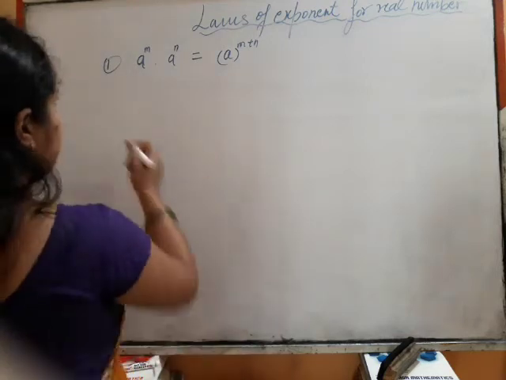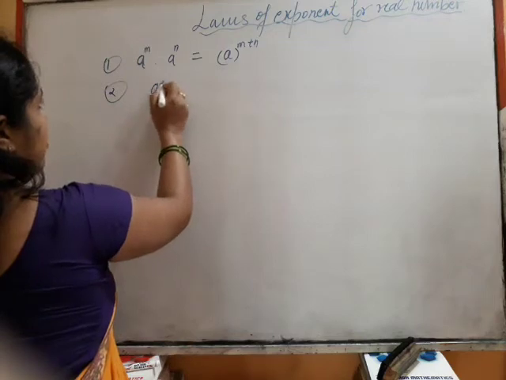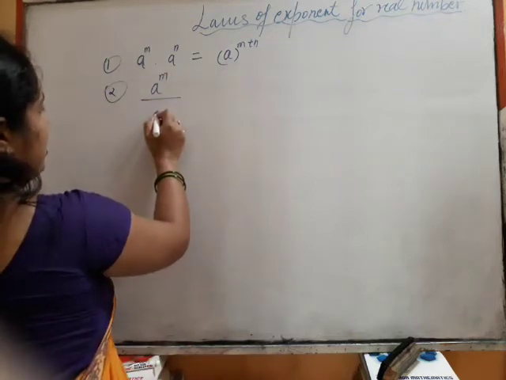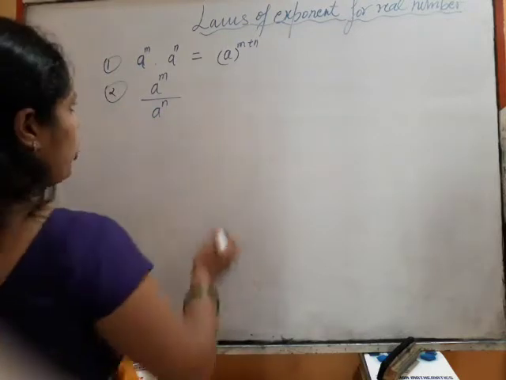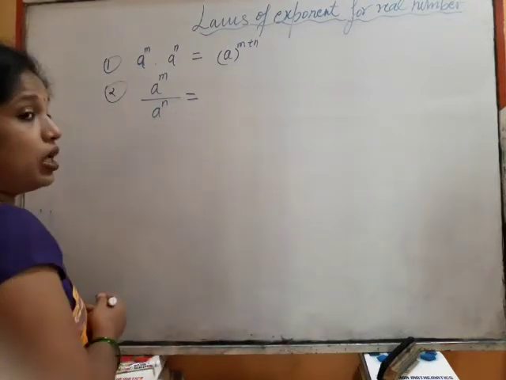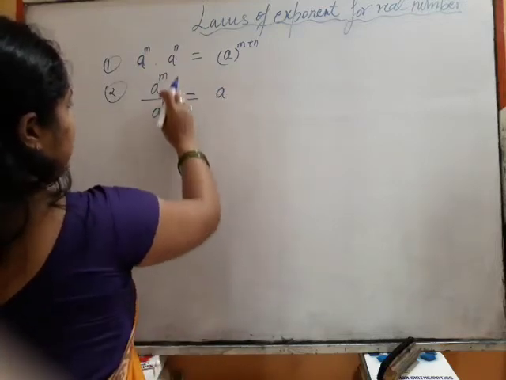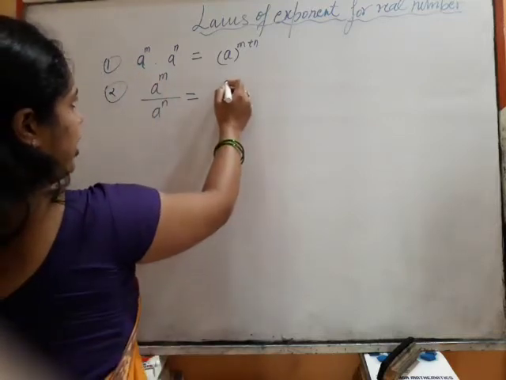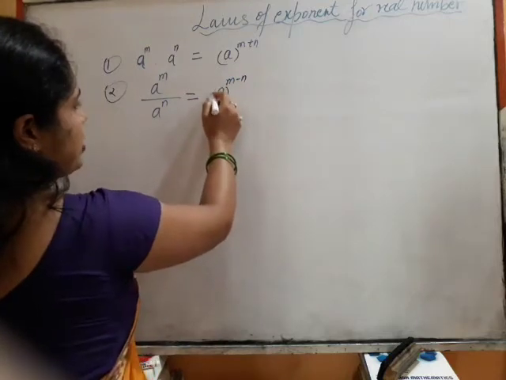Now let us have the second one. The same number a raised to the power m in division form with a raised to the power n. So what will be the law? The law says, since the bases are the same and they are in division, the exponents will be subtracted.